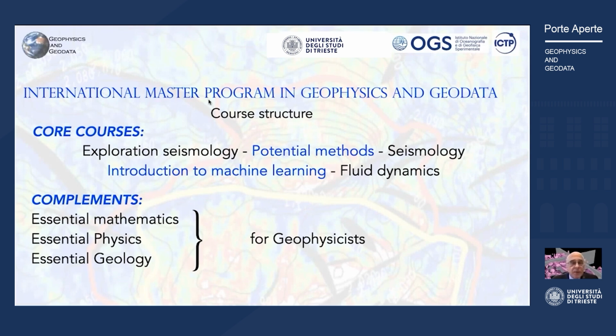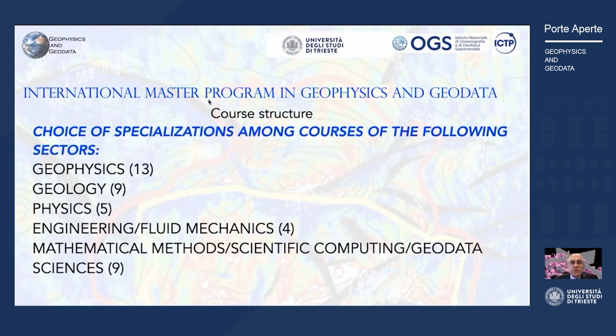And so we provide complements of mathematics, physics, and geology, aiming at providing a homogeneous background for everyone in order to benefit in the best way from all of the specialization courses you may then choose. And those courses are in the fields of geophysics, geology, physics, engineering and fluid mechanics, mathematical methods, scientific computing, and geodata science.